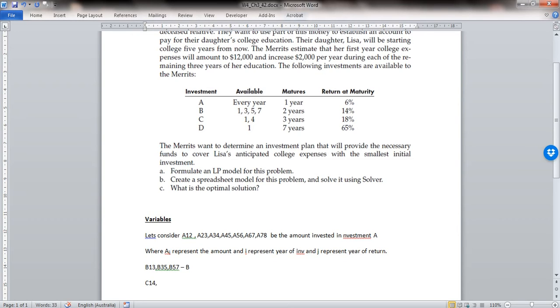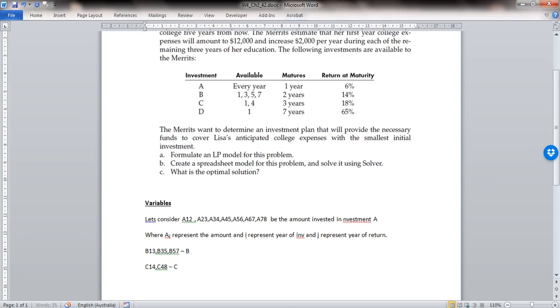That means invested in year 1 will mature in 3 years and will give a return in the 4th year. So it will be C48. Then of course investment in C, and another would be D18. Invested in the year 1 will mature in the year 8 after 7 years.